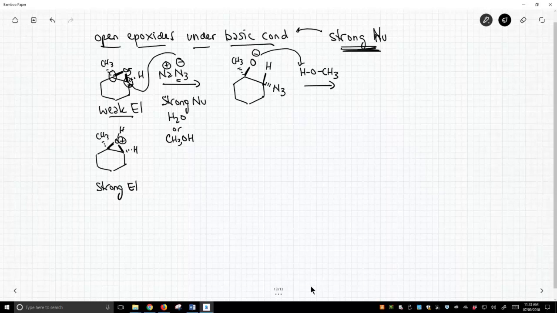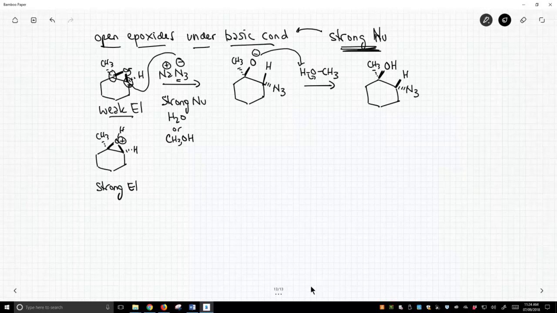It will act as our proton source to neutralize our O-. Most of our neutralizations so far have had an oxygen plus, so we deprotonated some oxygen to make it neutral. Here in this case, we have an O-, so we have to protonate it to make it neutral. And so that's our product.